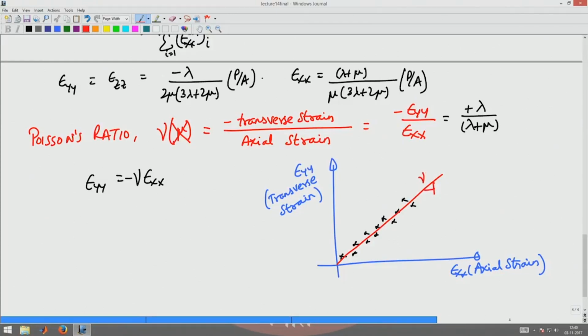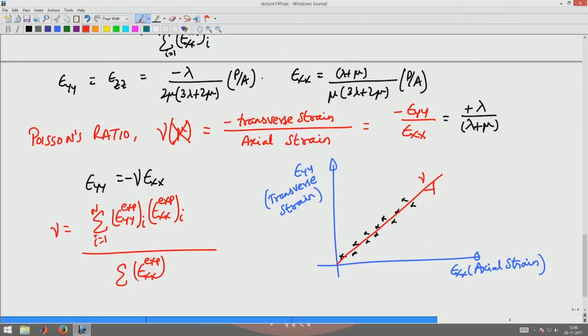Okay. So similar to the expression that we got for the Young's modulus, you will find that Poisson's ratio is given by summation epsilon yy exp i into epsilon xx exp i, i equal to 1 to n, divided by summation epsilon xx exp i squared, i equal to 1 to n. Okay. That will be your expression for the Poisson's ratio.